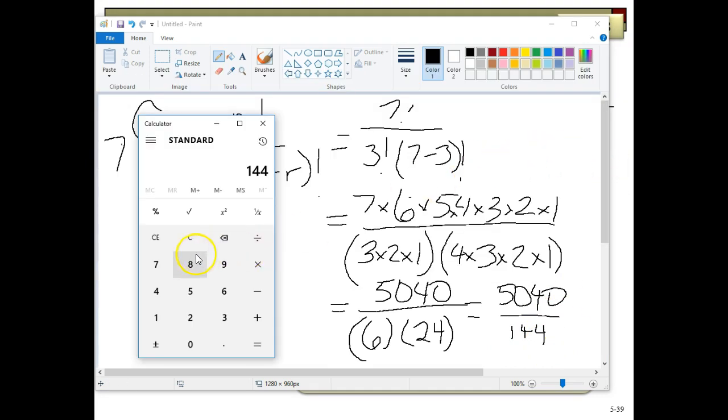And let's find out what 5,040 divided by 144 is: 35.